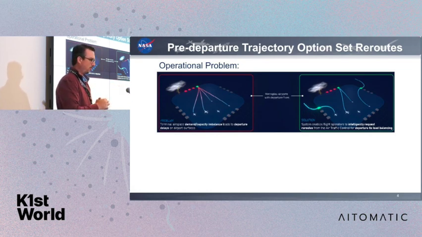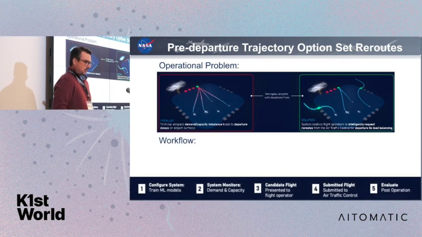Flight operators provide us what's called a trajectory option set, which is a set of alternative routes that they're willing to fly. We then generate predictions of delay on both the original filed route and all these alternative routes. When the delay savings exceeds some threshold value, that route becomes a candidate for reroute, and we recommend that to the flight operators. So that's the operational problem we're trying to solve.